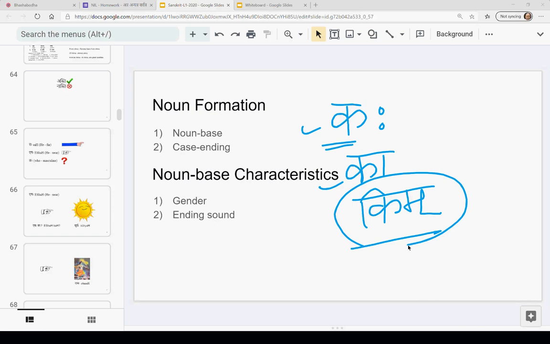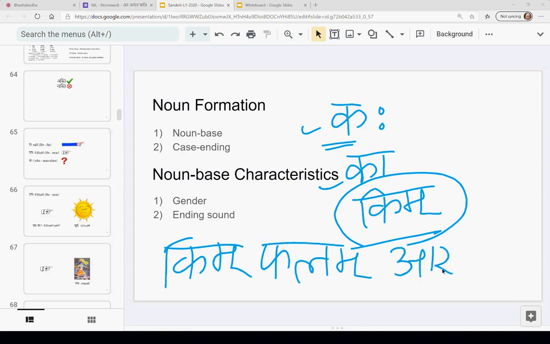Here, in Kim Phalam asti, we are attaching Phalam with Kim. Kim is a Napunsakalinga word. So we are asking, what fruit is that? Kim Phalam asti. Or Tat Phalam Kim asti, that we also can ask. Tat Phalam, that fruit, Kim asti. Which fruit is that?